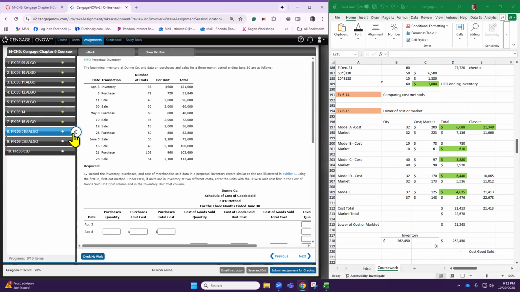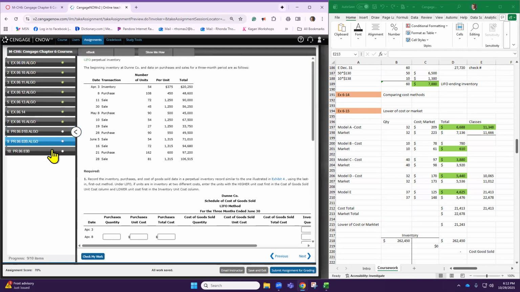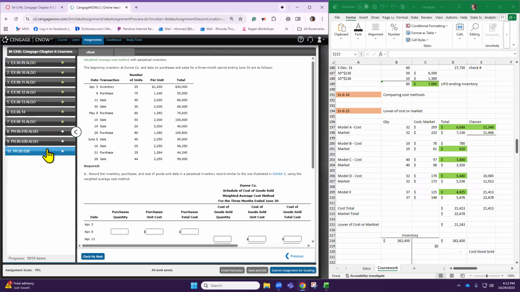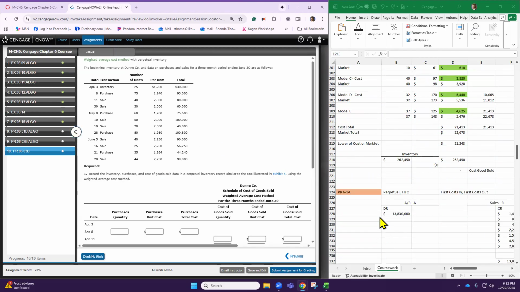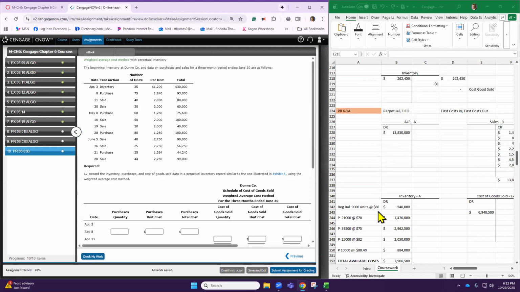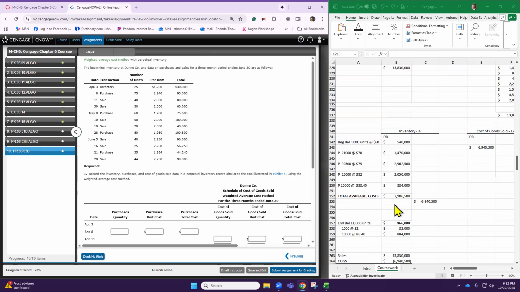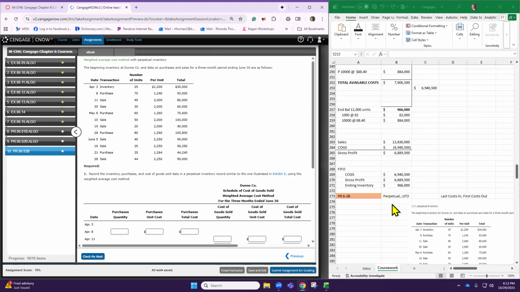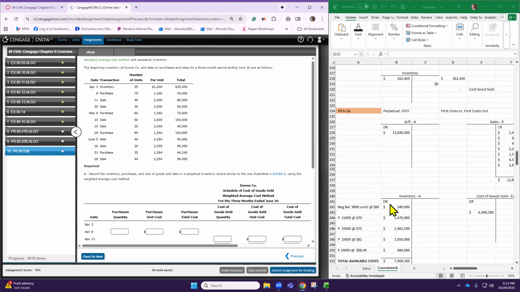Okay, here comes a bigger one. This is going to be FIFO and LIFO, and then the weighted average. So we're finished with our periodic, which is good. All right. So now here comes 61B. All right. So I've got 61A, but we're going to put 61B here. Okay. So we're going to see what we got. 6-1B.